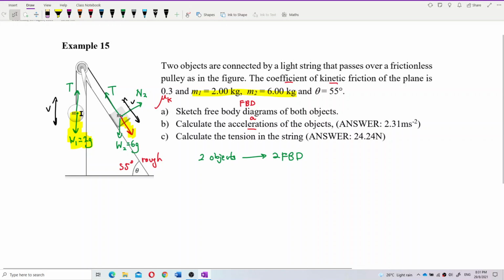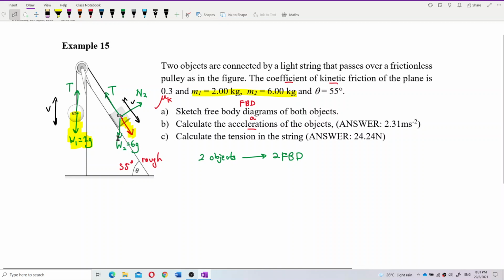So the first force is weight 1, and the other force is this one. What is this force? This is not friction. This force is actually the component of weight 2, or we can say the x component of weight 2.